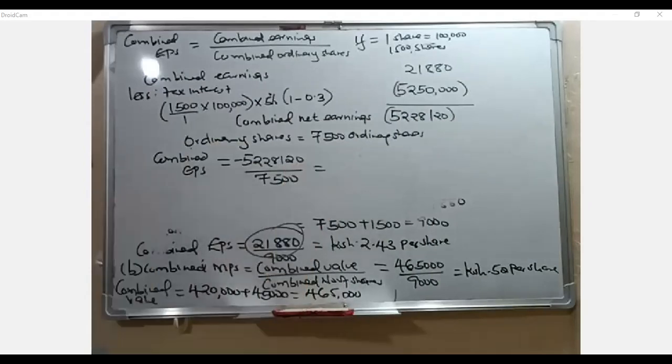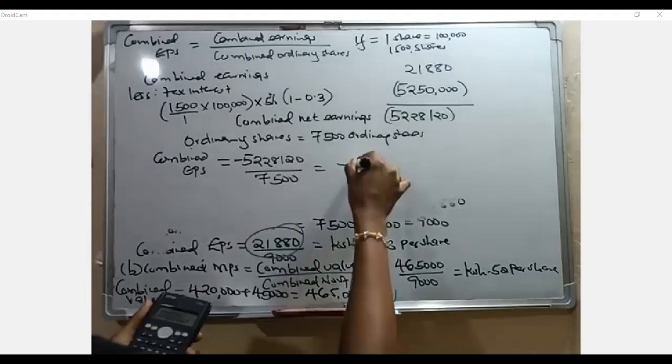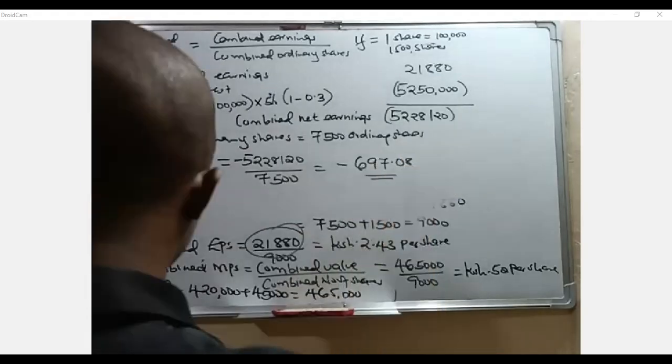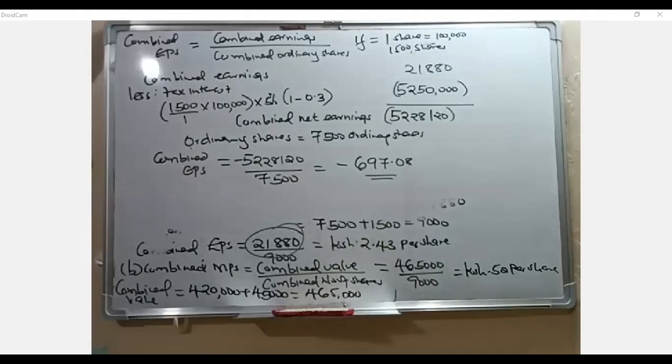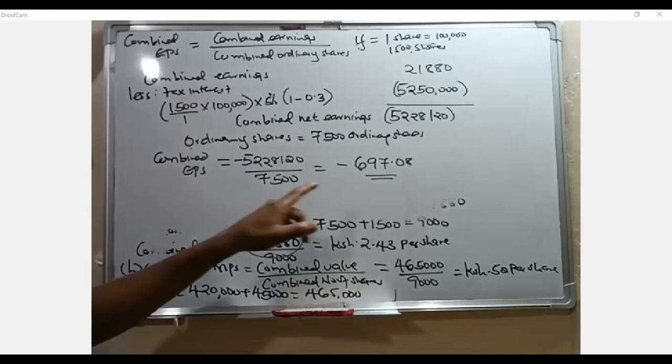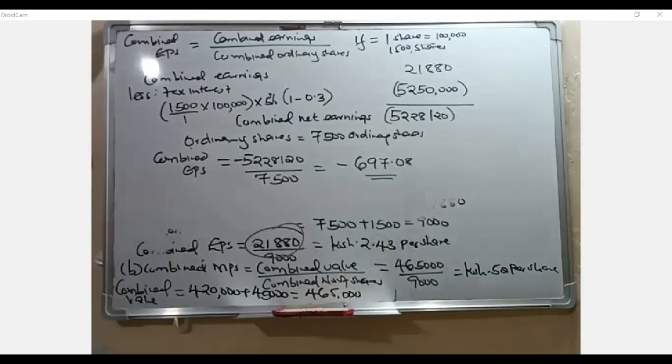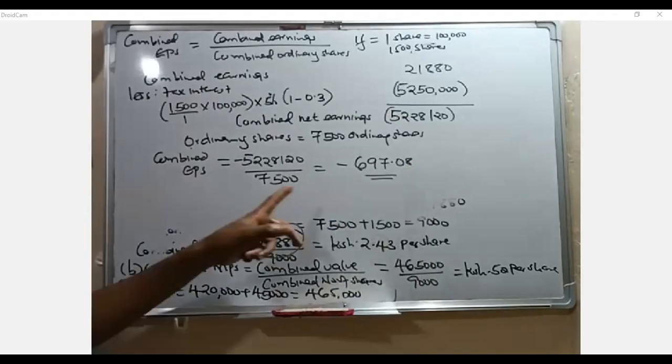So the earnings per share for both companies will be negative, and this will be equivalent to negative 697.08. And this is in Kenya shillings, right? So the combined earning per share for this company is going to be negative 697.08.